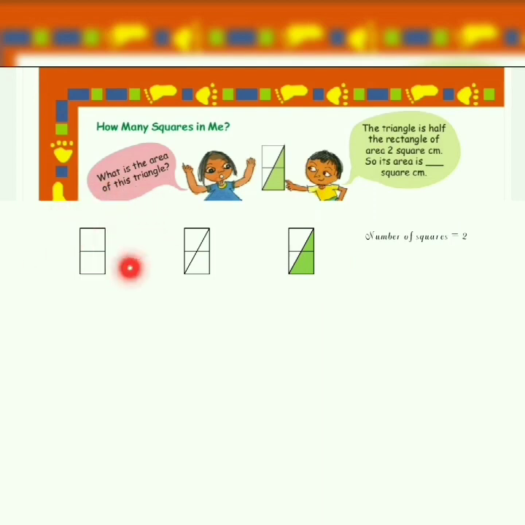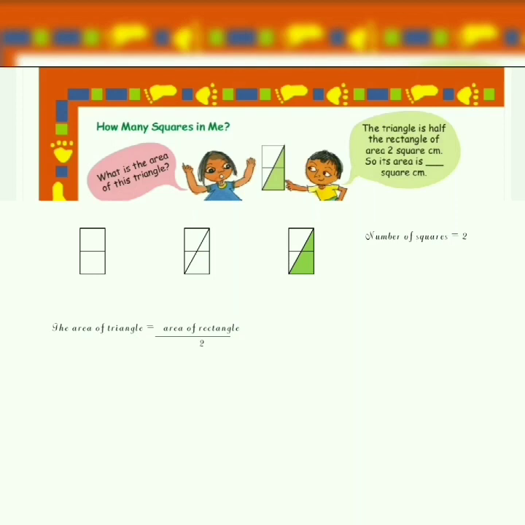As we know the area of this triangle is half of the full rectangle, and half means 1 upon 2. So our next step will be: area of triangle is equal to area of rectangle divided by 2.